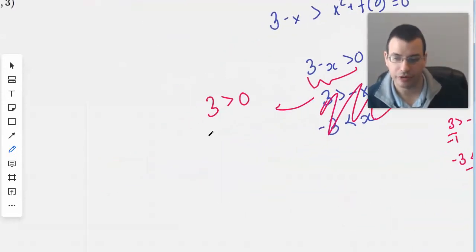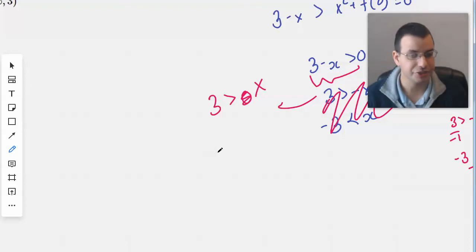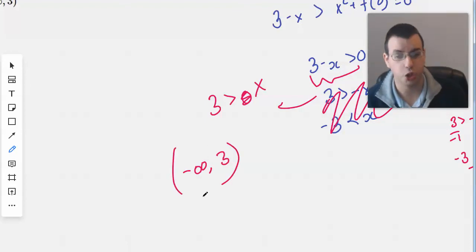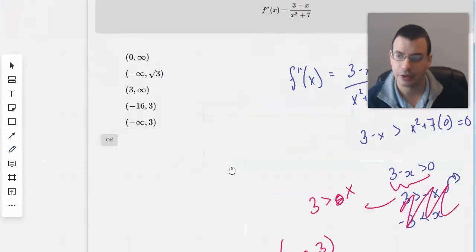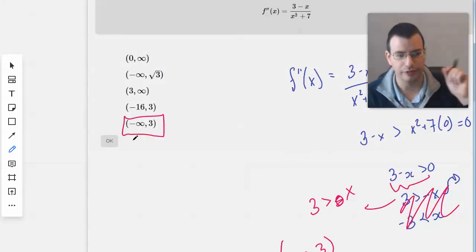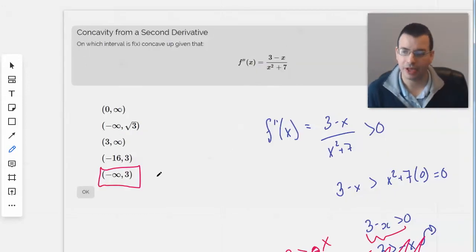So the values that are less than 3 would go from negative infinity to 3, which is this one right here. And just as a warm fuzzy to make it seem like this is possibly true, I will plug in a number that is less than 3.